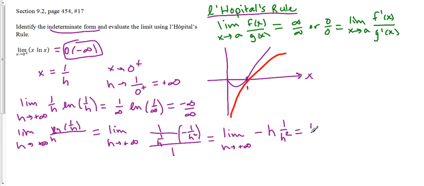So when I cancel everything out, I'm going to have the limit as h goes to positive infinity of negative 1 over h. And if I substitute in, I get negative 1 over positive infinity, which is going to give me 0. And graphically, that's what we thought we were going to get when we graphed x times the natural log of x.